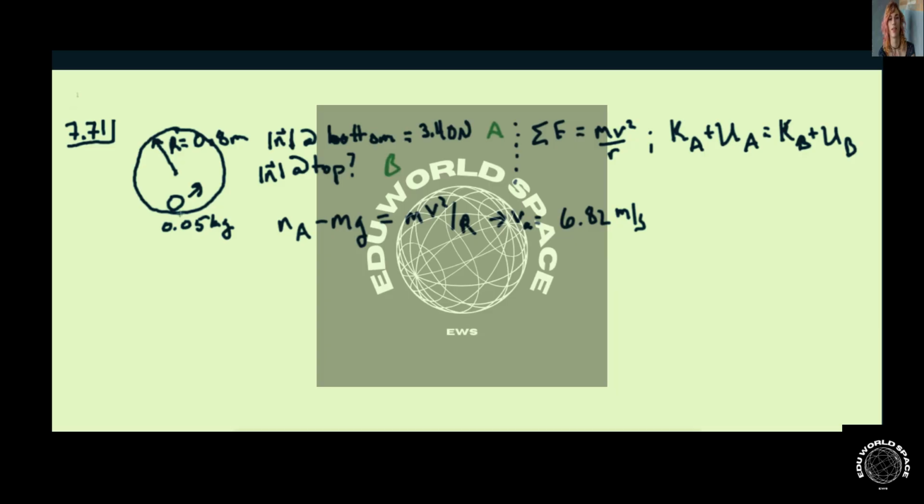If we set A to be our 0 point for measuring gravitational potential energy, we just have the kinetic energy at point A, so 1/2 m v_A squared is equal to 1/2 m v_B squared plus mg times 2r, because you're one diameter above where you started, which is twice the radius.